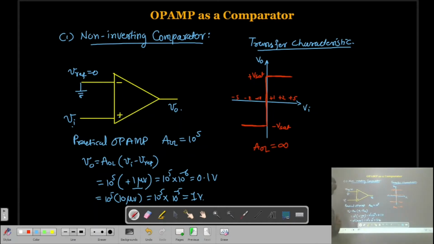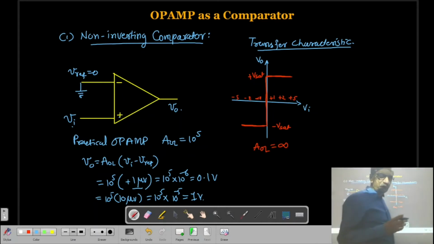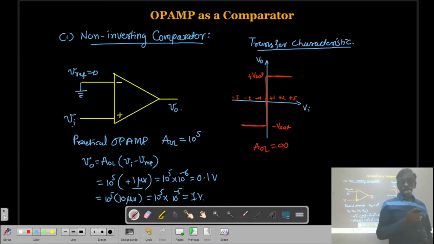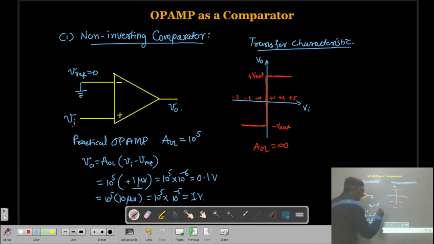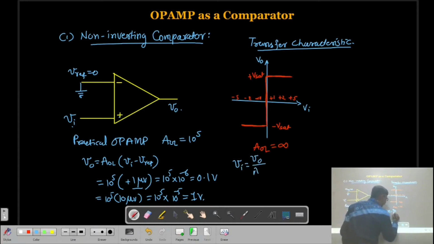For what value of the input voltage the op-amp will be in saturation, you can calculate using the same formula, and that is given by VI is equal to VO upon AOL. Remember what we are calculating?